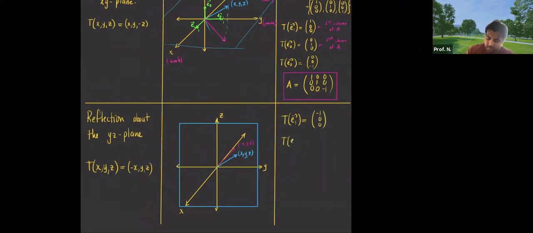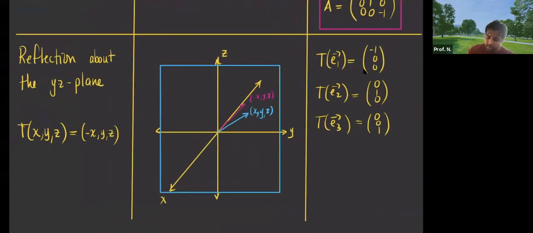T of E2 is on the YZ plane, so when you reflect it through the YZ plane, it stays exactly the same. And the same thing goes for E3. It's on the plane, so reflecting it doesn't affect it. So the associated matrix would be negative 1, 0, 0; 0, 1, 0; 0, 0, 1.